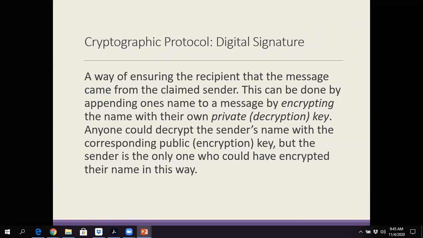Now everybody will be able to decrypt that, yes? With what? The public key, yes? Everybody will be able to decrypt that. But the only person that could possibly have done what just happened is me, the one who has the private key, yes?